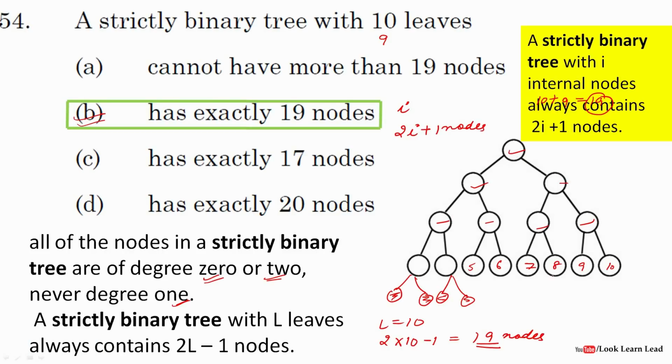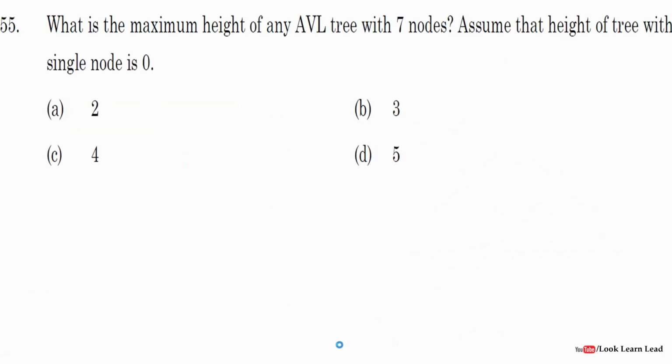Okay, see, in this example also we have 9 internal nodes, so 2I plus 1 nodes. So 2 into 9 is 18, 18 plus 1 is 19. So we have a total of 19 nodes. So whether it is asked in terms of leaves or in terms of internal nodes, we have 2 formulas to calculate the total number of nodes. Okay, so let's move on to the next question.